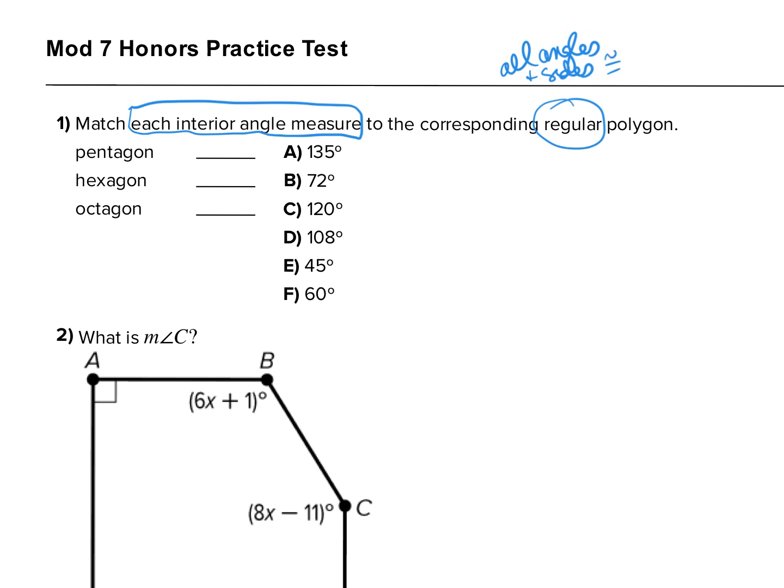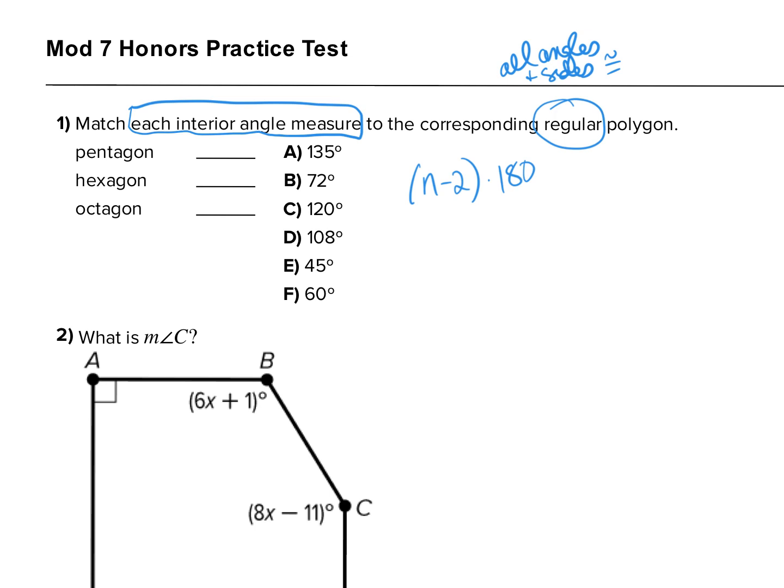The theory that they're asking you to remember here is the interior angle sum theorem that tells us, we wrote it as n minus 2 times 180. Remember, we had the regular polygons and we drew as many triangles as we could inside the polygon to determine the total number of degrees.